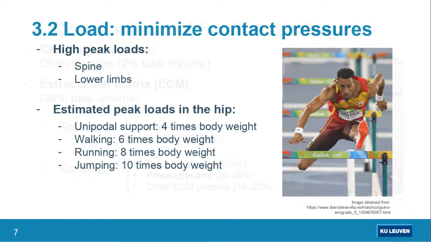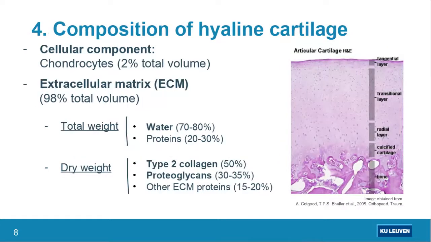This is because the composition of the tissue is precisely structured in order to be able to withstand this loading. If you remember from before, articular cartilage has a cellular component, the chondrocytes, and the extracellular matrix. This extracellular matrix has water and different proteins, mainly type 2 collagen and proteoglycans.